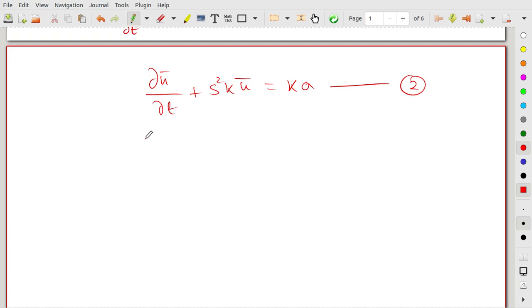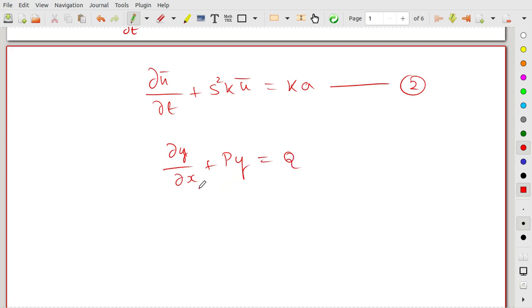So the general form of this equation is ∂y/∂x plus py equals q.